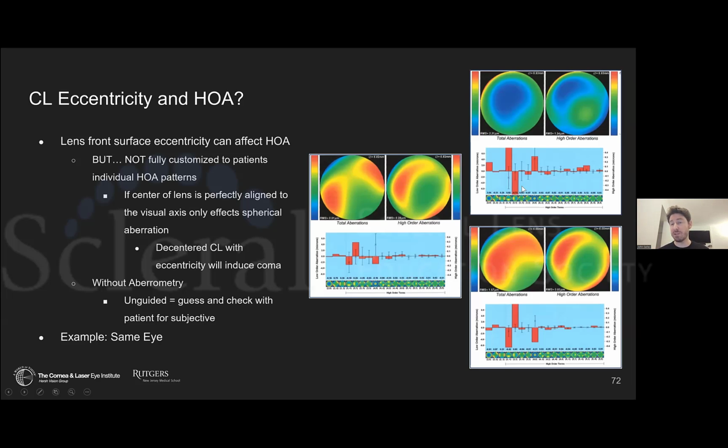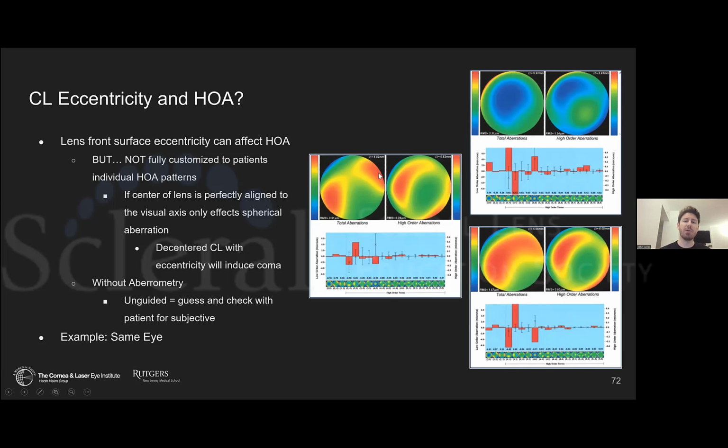This is an individual wearing a scleral lens, and what we did was we used a low eccentricity, a mid-level eccentricity, and a high-level eccentricity for the lens front surface, and you can see how we greatly changed the aberrations present. Essentially what we're seeing is that, yes, we can change it, but we can't eliminate it, right? We can't fully customize this for the individual.